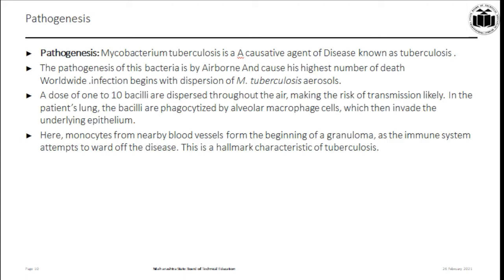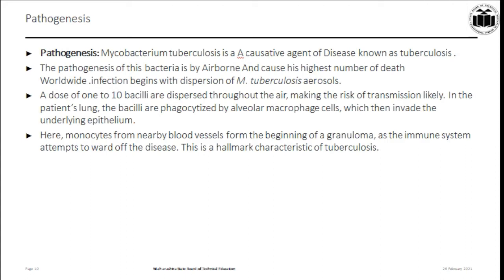But still, there are certain immune cells, monocytes nearby the blood vessels, forming the granuloma and attempting to ward off the disease.